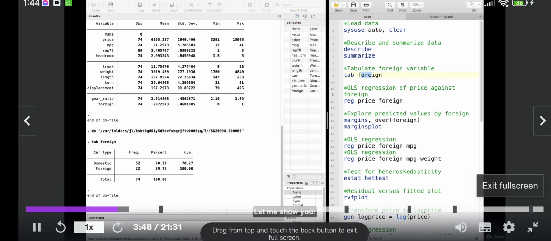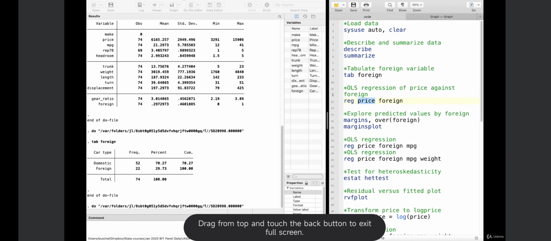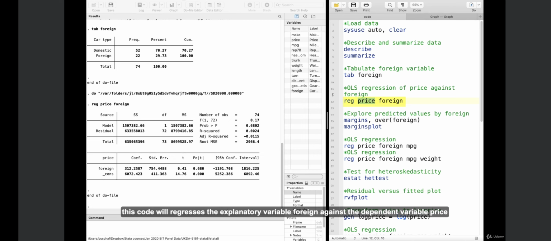Let me show you. This code regresses the dependent variable price on the explanatory variable foreign.